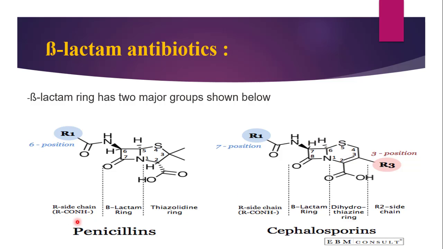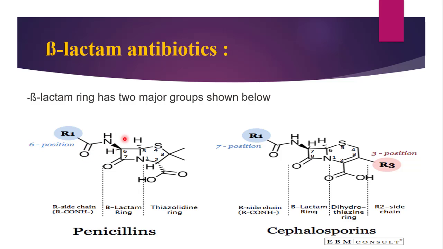If you look at the parts of the structure, this is the beta-lactam ring, this is thiazolidine, thia and aza, and this is the acyl side chain, this is C double bond O, NH.